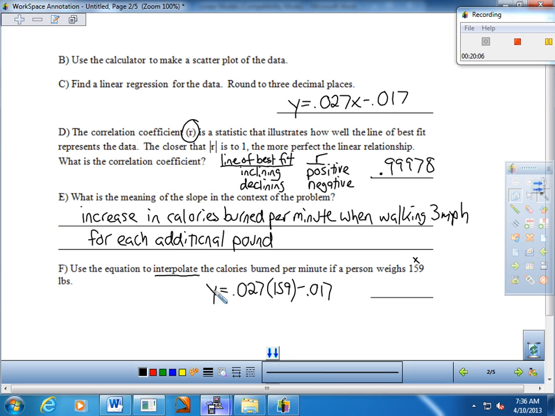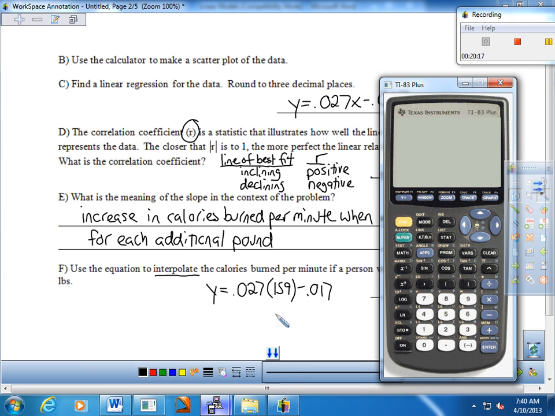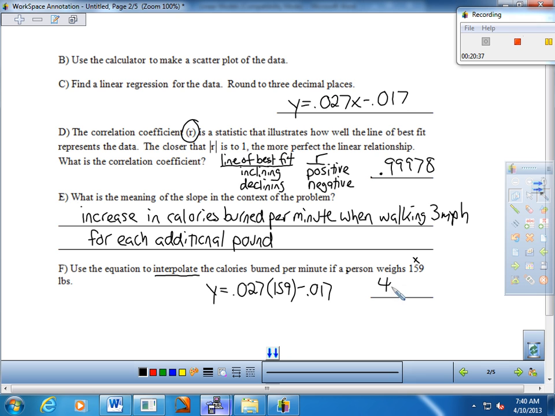Given an x here, we find the y. So I'm going to go ahead and just bring my calculator up and do this calculation, nothing more. So I'm just going to go back to my main screen and do 0.027 times 159 and then minus 0.017. And hit enter. And so you can see right there about 4.276, give or take.